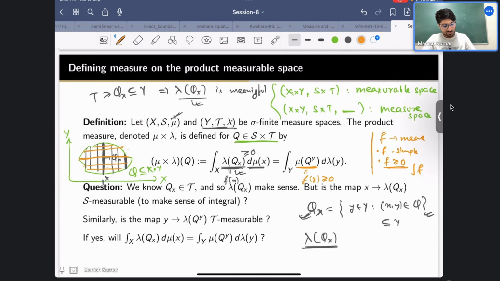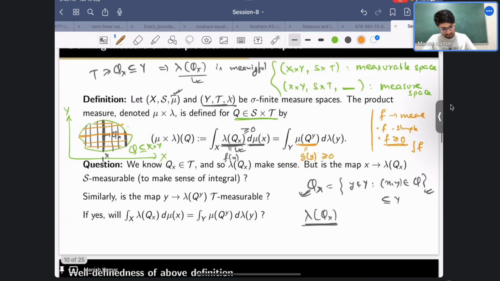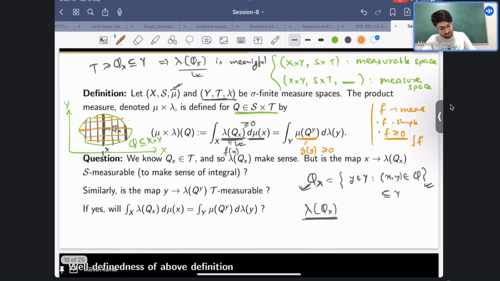So for making sense of this integration, we have to make sure that these functions, f(x) and, let's say, g(y), are measurable. They are non-negative, so the only thing we need to make sure of is that they are measurable. And in fact they are measurable. There is one result, and these two integrals should also be equal. If they are equal, then only can we define this as a common quantity.